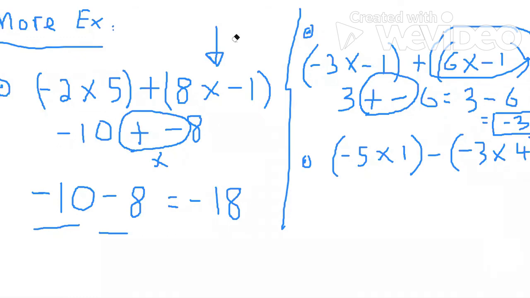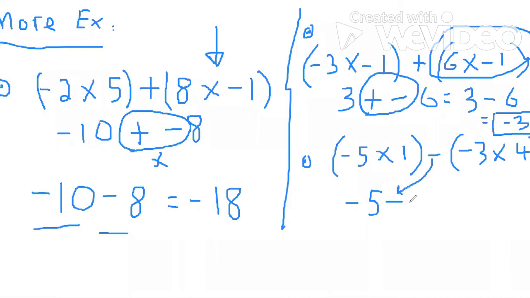Alright, so what time have we? 4 minutes? Alright, so negative times positive gives you a what? Negative. 5 ones is 5.